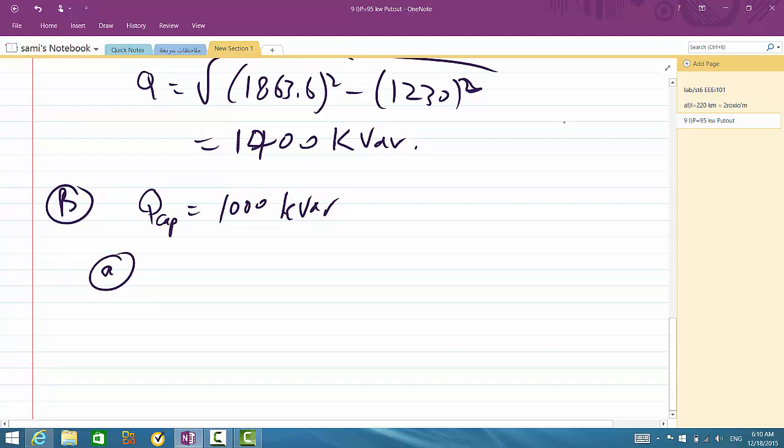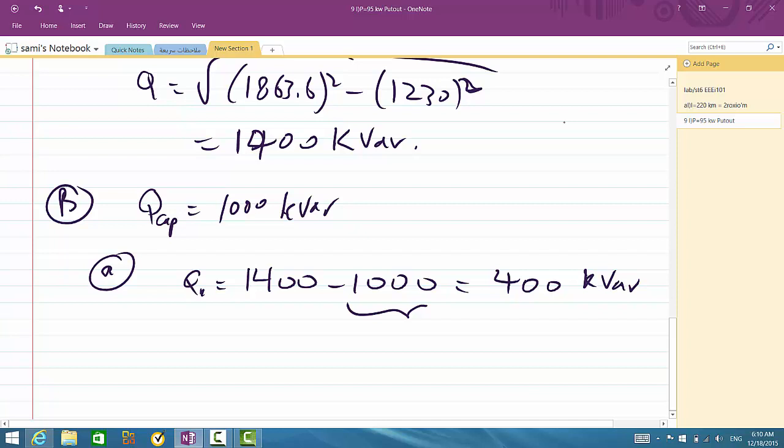So the new Q is 1400 minus 1000, which is given by the capacitor bank. We will end up consuming 400 kilovar from the utility.